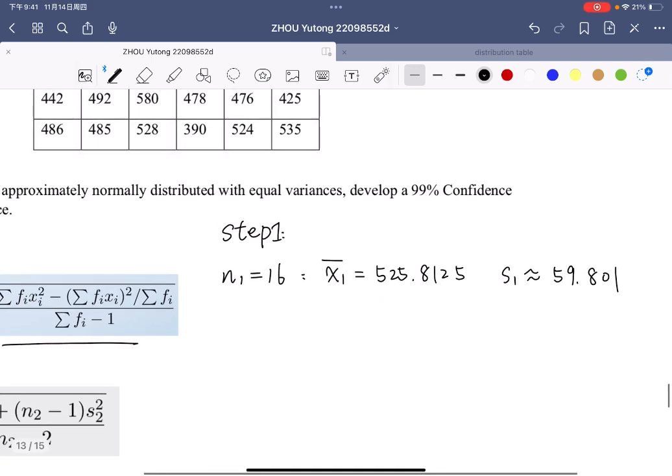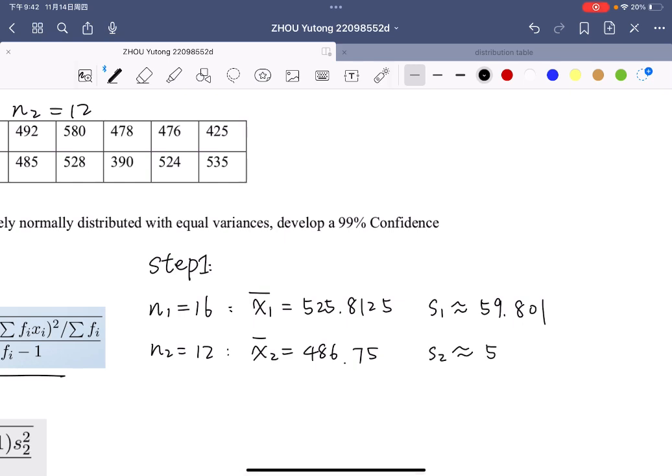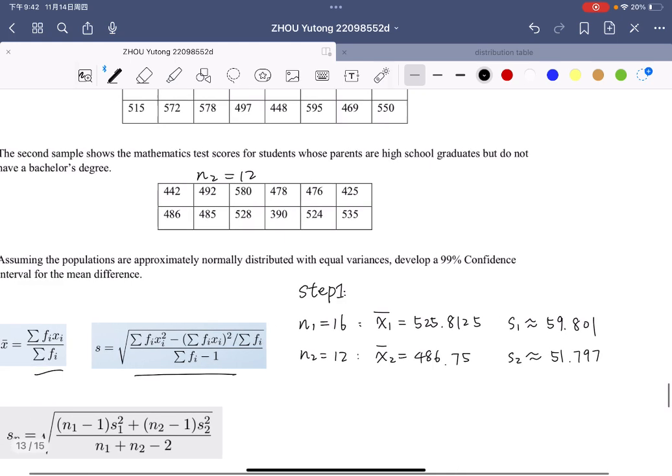And for the second sample set, where n2 equals 12, we get the sample mean equal to 486.75, and the sample standard deviation is approximately 51.797.